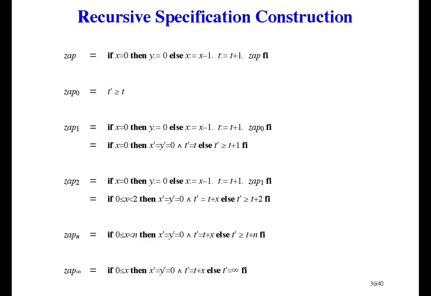It's a different solution of the zap construction axiom. It's not the weakest solution, so it doesn't satisfy zap induction. I think it's better than the weakest solution as a description of the zap computation.